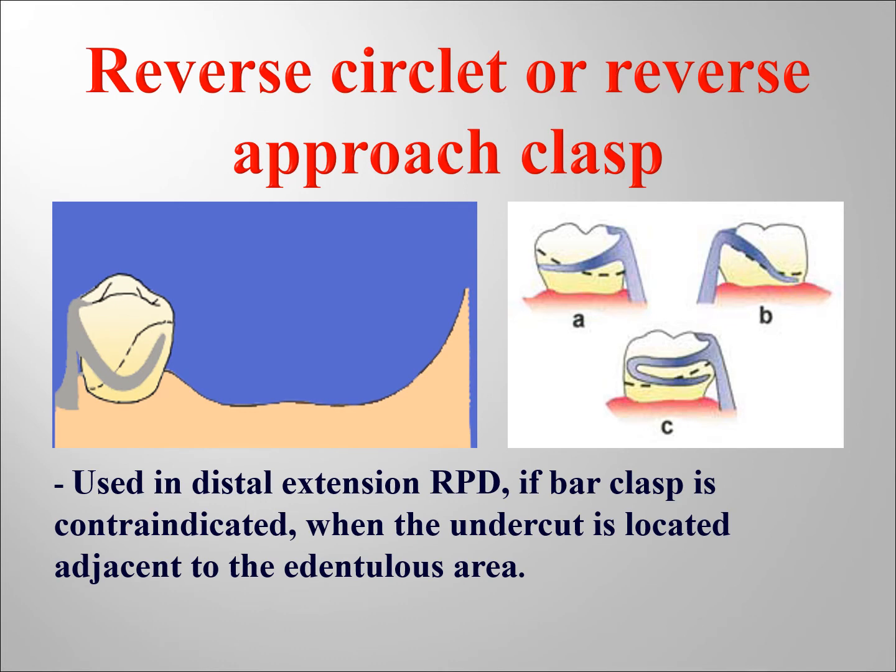Now, basically in distal extensions and especially on premolars, infrabulge or gingivally approaching clasps are recommended. Now, if there is a contraindication, then you think of other options. Here for example we used a reverse circlet or reverse approach clasp, but the ideal is to use I-bar, or yes, gingivally approaching clasps.